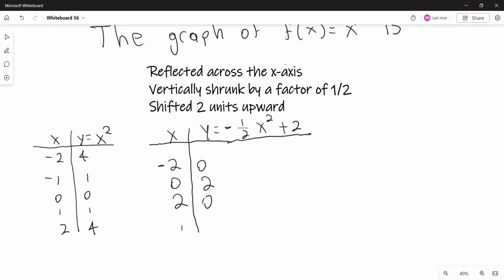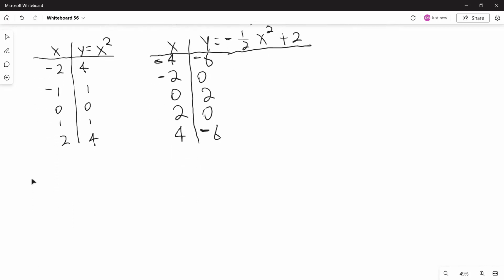I will let x be 4 and -4. So that way we have points with no fractions, with integers only. 4 squared is 16. 16 times -1/2 is -8. -8 plus 2 is -6. And same with -4. So I'm just going to draw the graph of the new function.